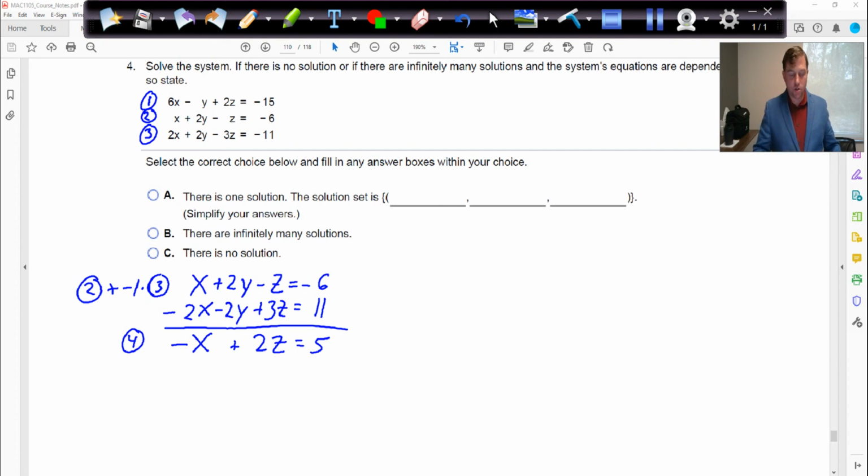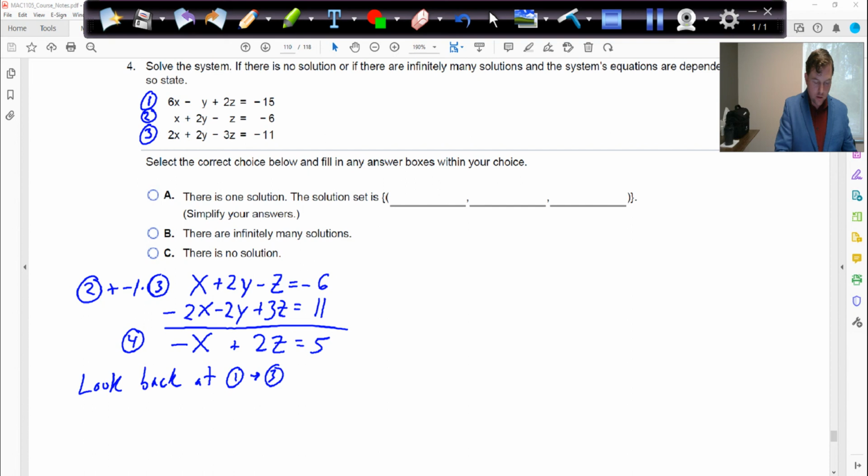I can't use 2 and 3 again, but I could use 1 and 3 or 1 and 2. Let's use a different set, and I have to eliminate the same letter. So look back at 1 through 3. Don't use 2 and 3 again.